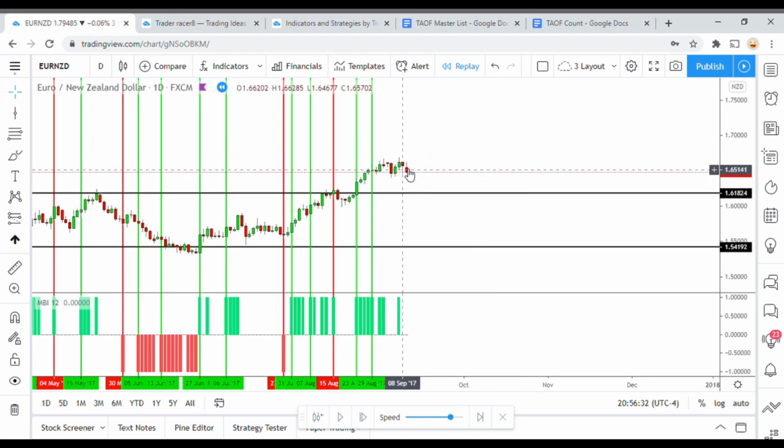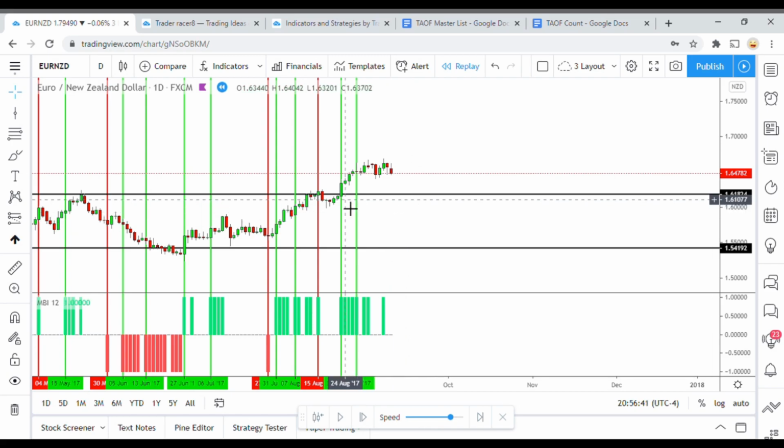Yep, it sure did. Now it's starting to lose its steam, so they're probably going to pull it back to this line, get a nice little pullback to do the retest here. Let's see.